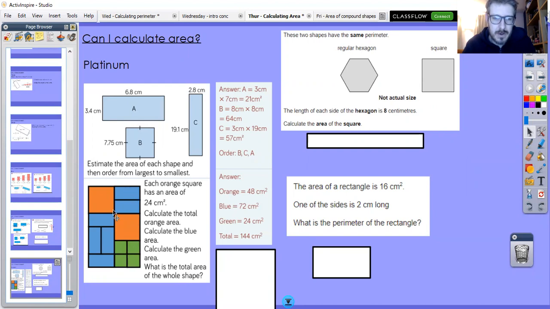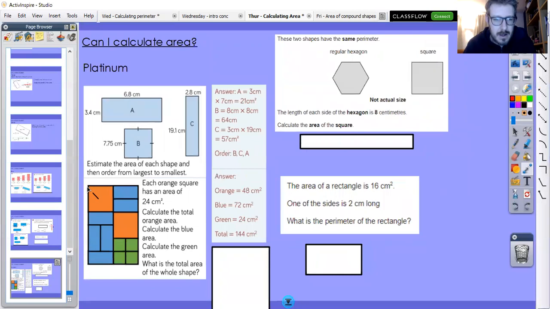We know that this area is 24, so we need to divide that 24 by 4, which means that each side of the shape will be 6 centimeters. So we know that each of these lengths here is 6 centimeters, and then we can use that to work out the rest of it.